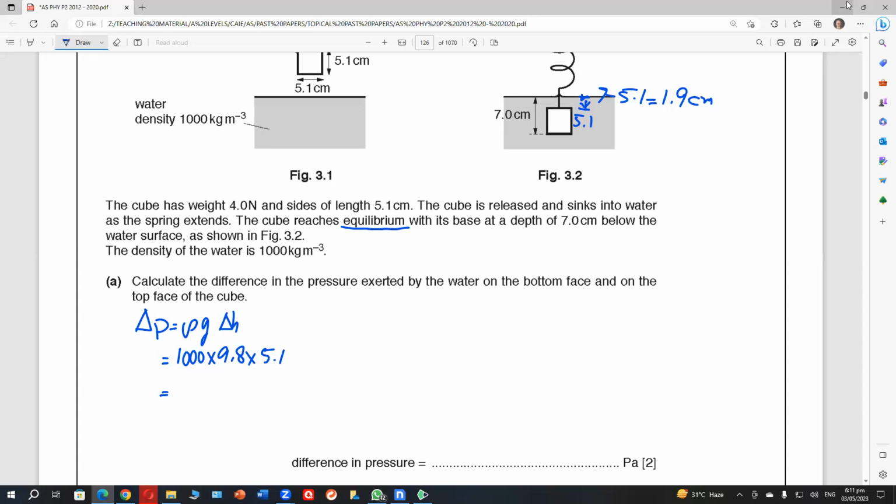I'm getting 569.9 as the answer. Are you getting 569.5? Yes, because I took it like 5.81 to 10 minus 2. Yes, that's fine. So we can take it 570.